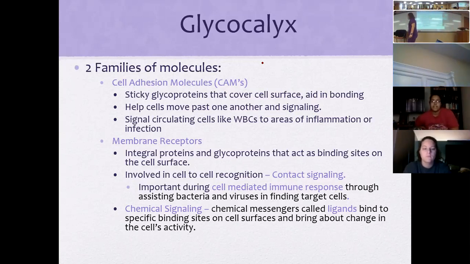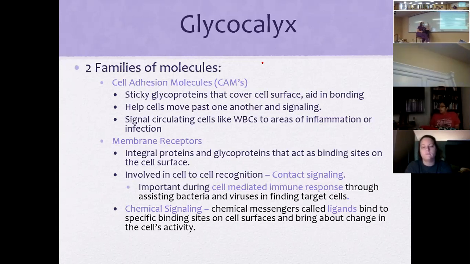But the other thing that this cell adhesion does is it's kind of the beacon to signal other cells. So if you get an area of inflammation and I need backup, this cell adhesion is kind of the radio that I can contact other cells and say, hey, I need help in this area. And then they'll all come and help.